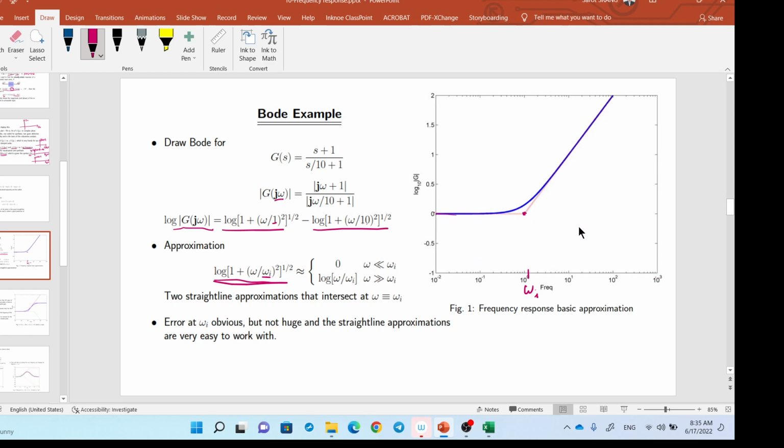One is 0, and another one has a slope that is the coefficient of the log itself, the coefficient here. So in this case, it's just 1, so slope 1. Okay. So you plot log of amplitude versus log of frequency.